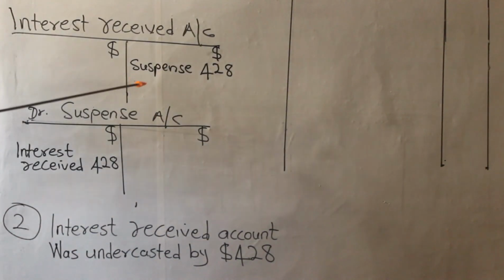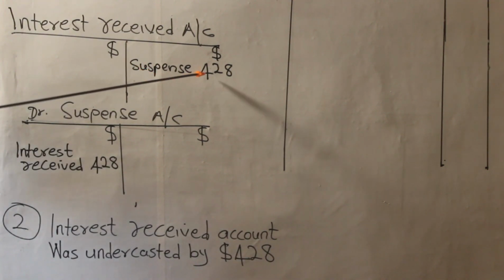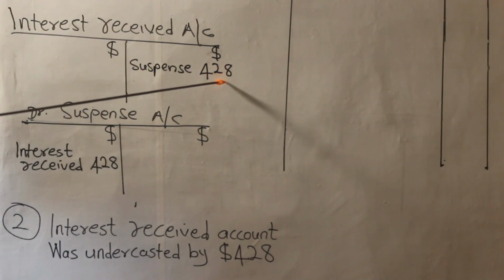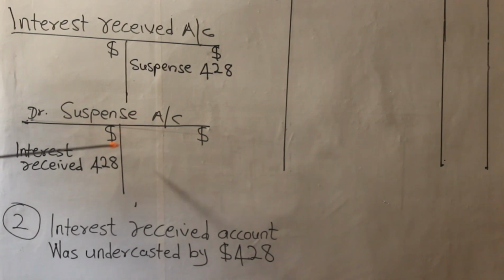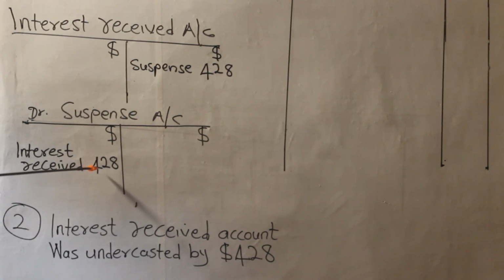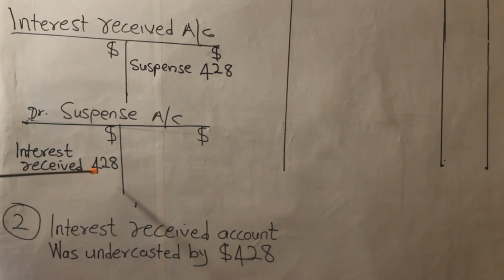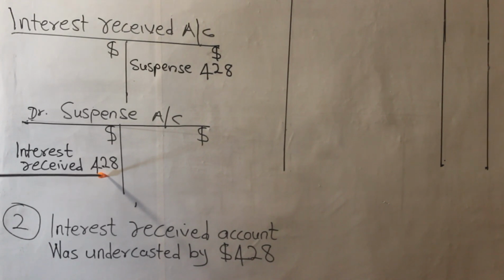So you can see we rightfully credit the interest received account with $428 and the suspense account will be debited with $428. What it means is that this error has succeeded in increasing the debit side of the suspense account or the debit side of the trial balance by $428.